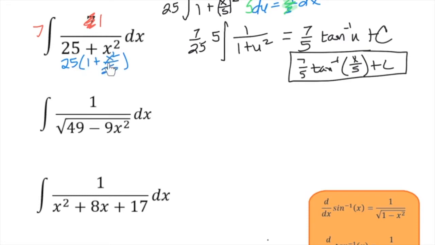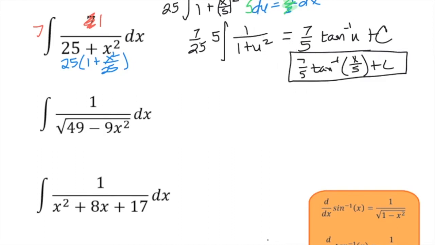Then we did a little algebra to make it look more like inverse tangent. We said x over 5 squared is exactly this. And then we could use straight substitution. We said u is equal to x over 5, so the derivative was 1/5 dx. I put the 5 over, so we could just replace dx with 5 du. So we had the 5 out front, and then we finished it off.